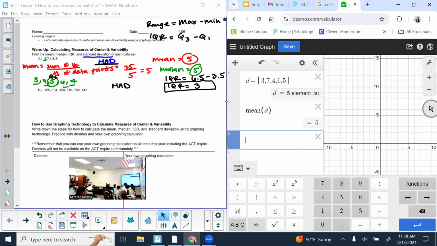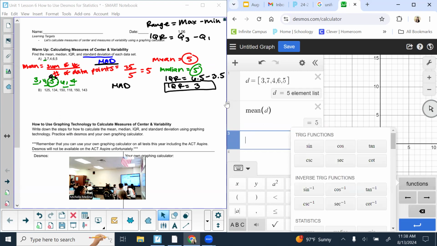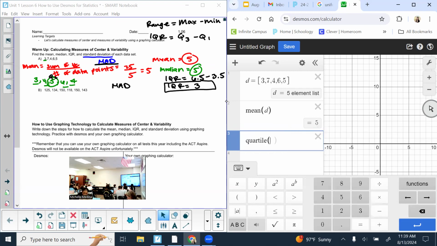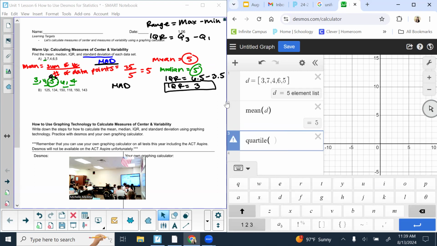There are other things in that menu too. Like median, right there. What else? IQR is not here. It does have quartile here though. Then I'll show you an even easier way. If I do quartile, my data set, notice nothing pops up yet.